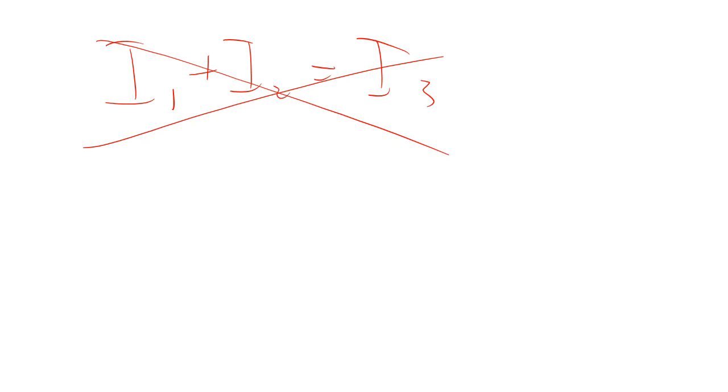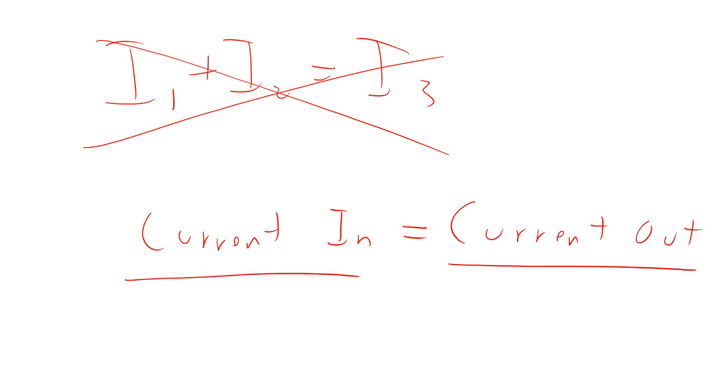It is always, however, current into the junction equals current out of the junction. This is always the correct expression, no matter how you label the individual currents. So if you keep that straight, it will save you some issues later on.